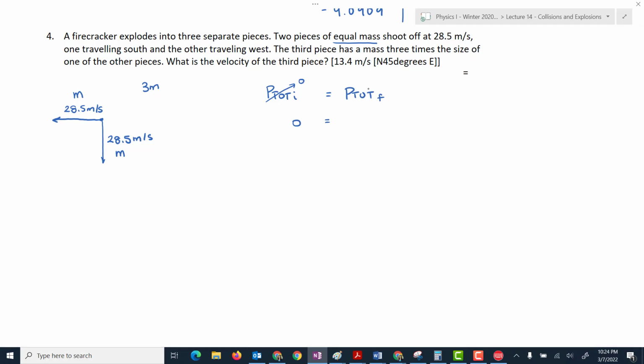So we have 3 different objects. 2 of them have the same mass. The third one has a mass of 3m. We're trying to figure out what the velocity is of that third object. Okay, so the velocity of the third one is going to go up in some direction like this because it is trying to balance out the other momentums. So the 3 momentums together have to add up to 0.